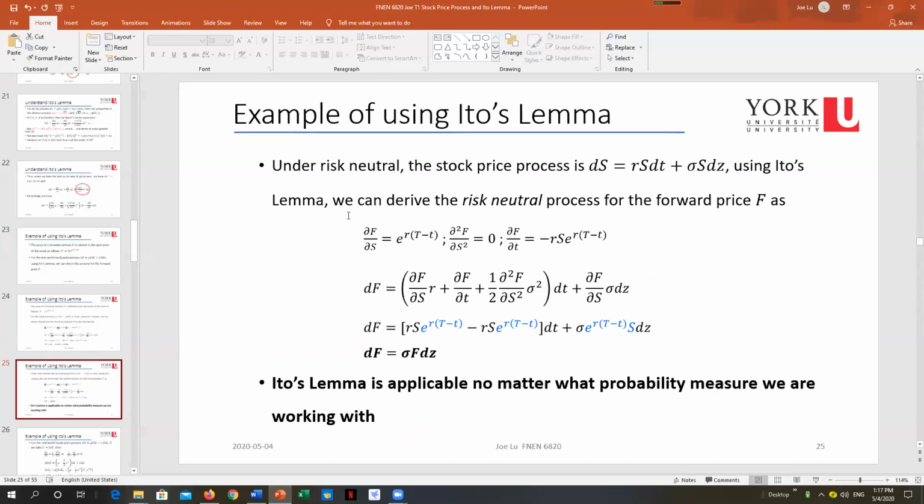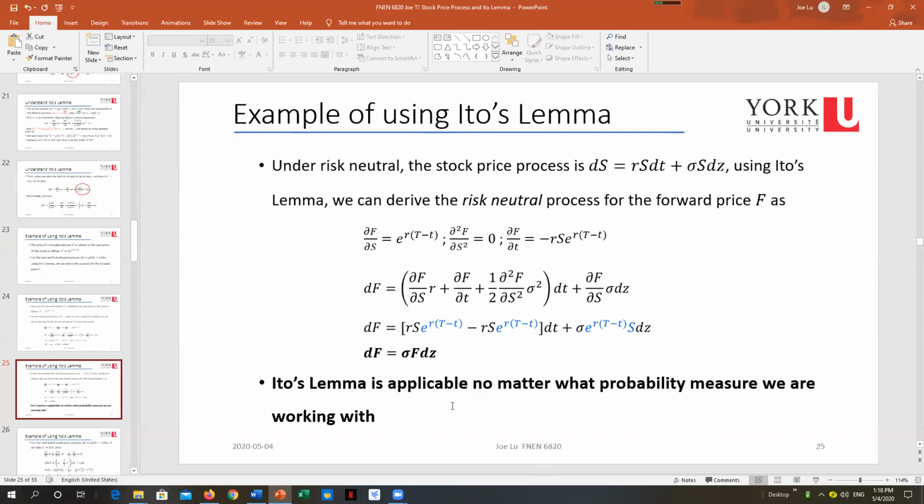In this case, you can derive the process for F under risk neutral. You do exactly the same thing, except that you replace mu with r. So instead of mu minus r times F, you have r minus r times F, which means this term will drop out.